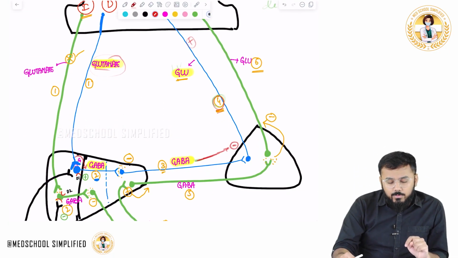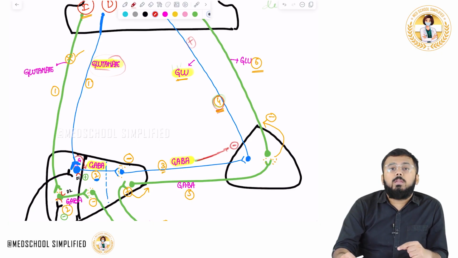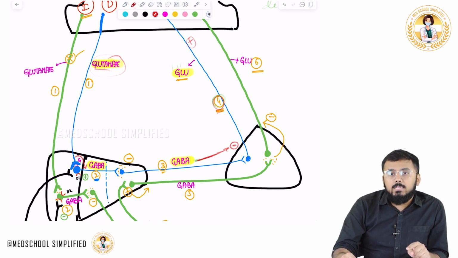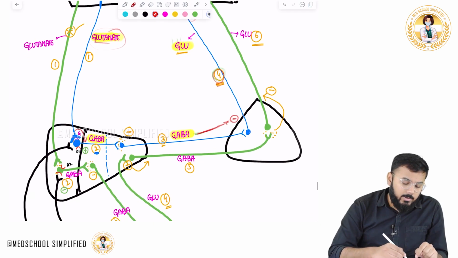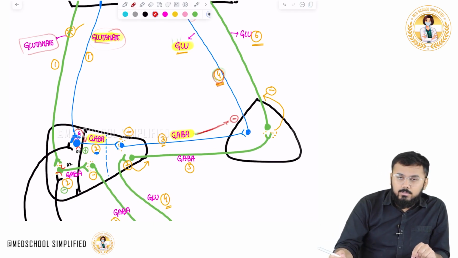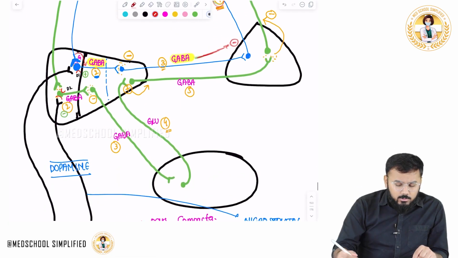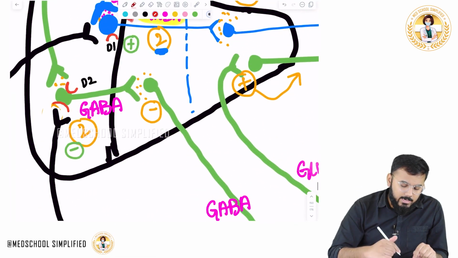Now, whenever my muscle is contracted, in the same way the muscle has to be relaxed also. For that reason you need the indirect pathway. In the indirect pathway, glutamate is released, and this glutamate acts on neuron number 2.